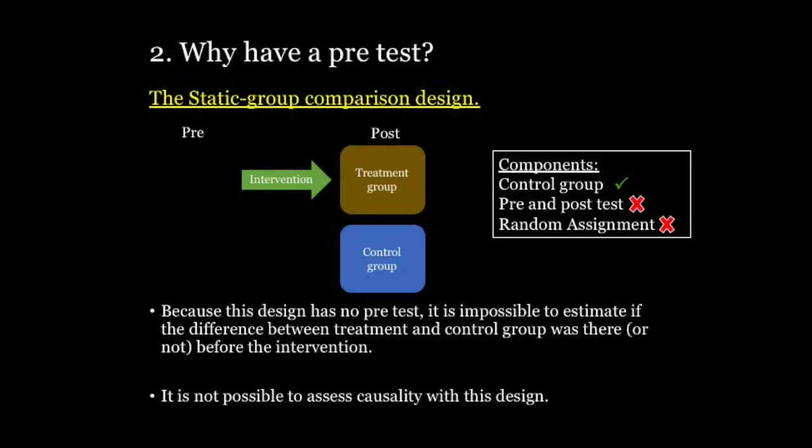So imagine an experiment with no pretest, no random assignment, where you just have the treatment group and the control group. Because this design has no pretest, we don't know if the difference between the treatment and control group was there or not before the intervention. So it is not possible to assess causality with this design.